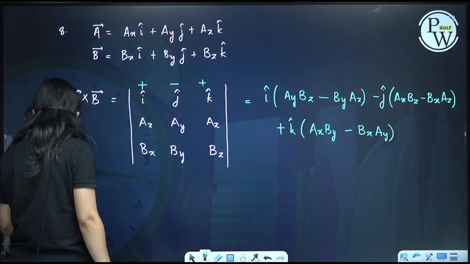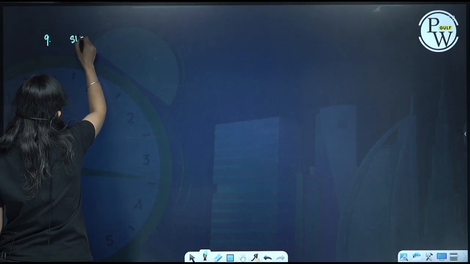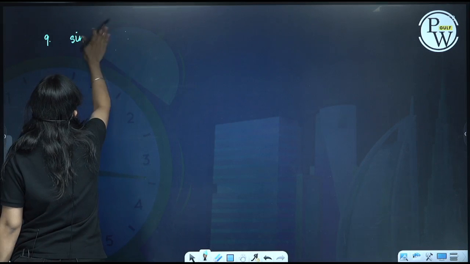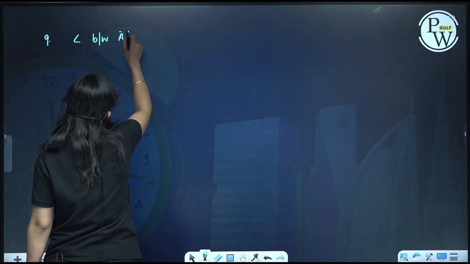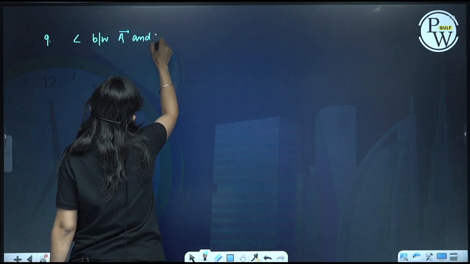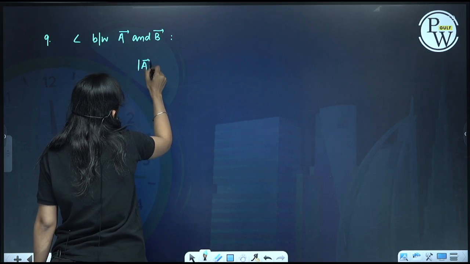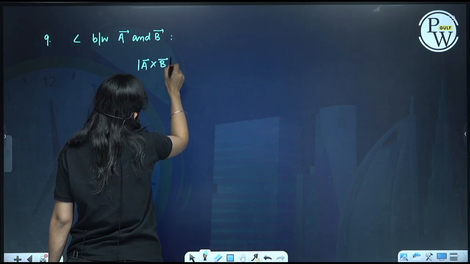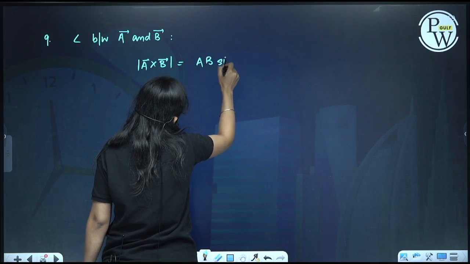Okay, next is the sine of the angle between a and b. If we want to find the angle between a vector and b vector, we have magnitude of a cross b equal to ab sine theta.